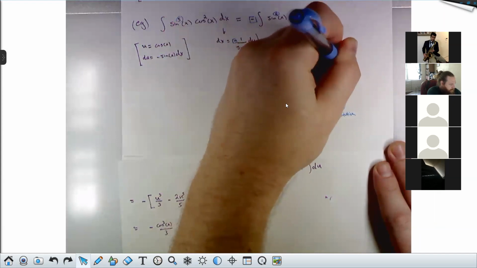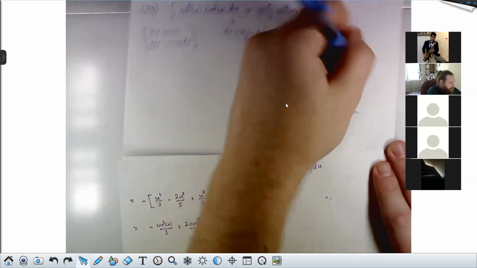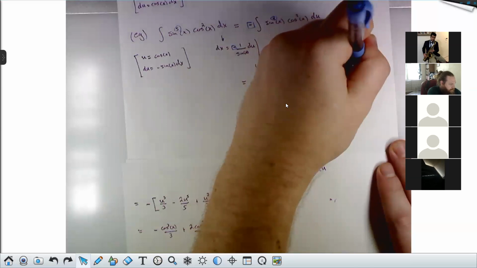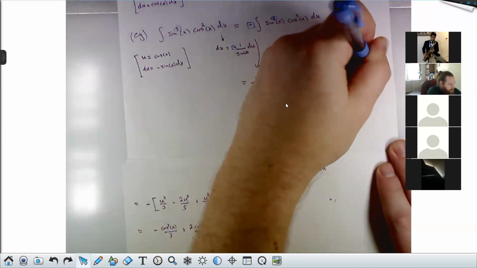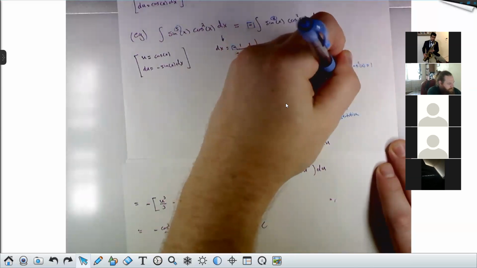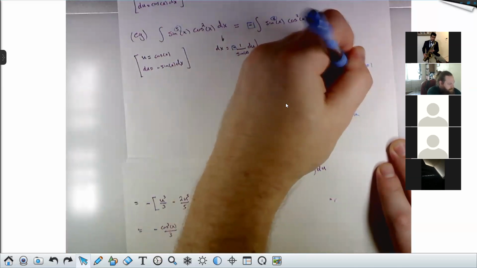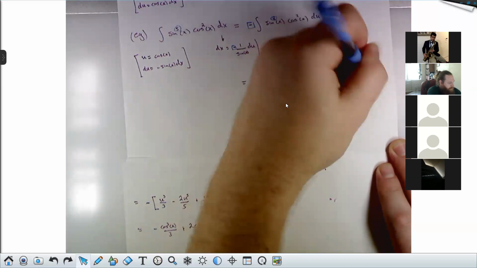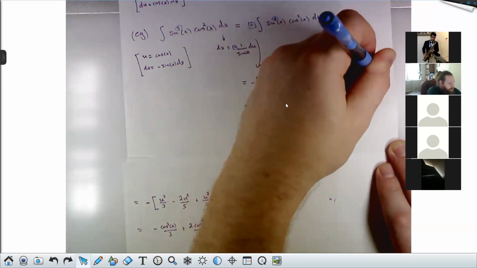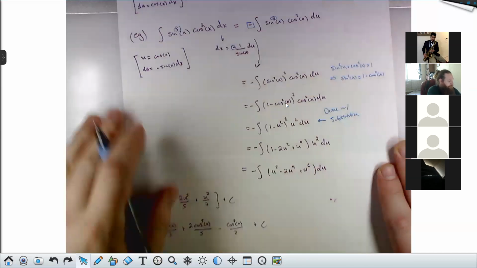So from here to here, I use the identity. We know sine squared x plus cos squared x is equal to 1. That's your first Pythagorean identity, which means sine squared is the same as 1 minus cos squared.